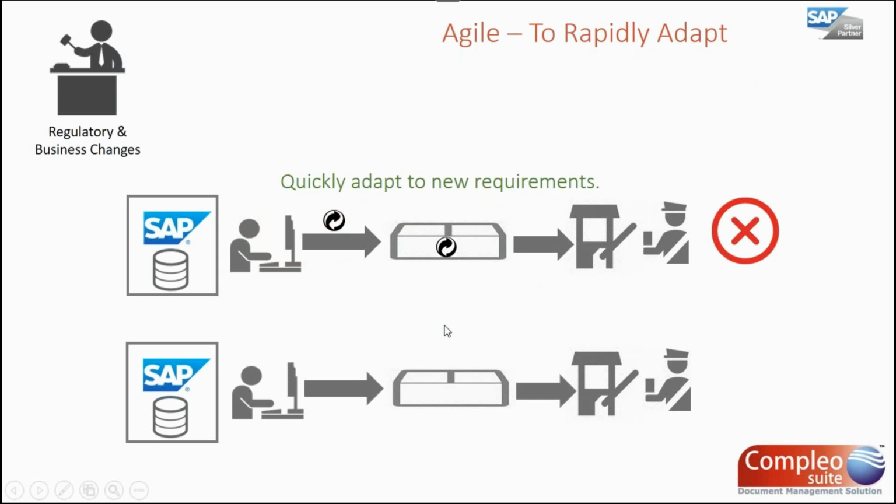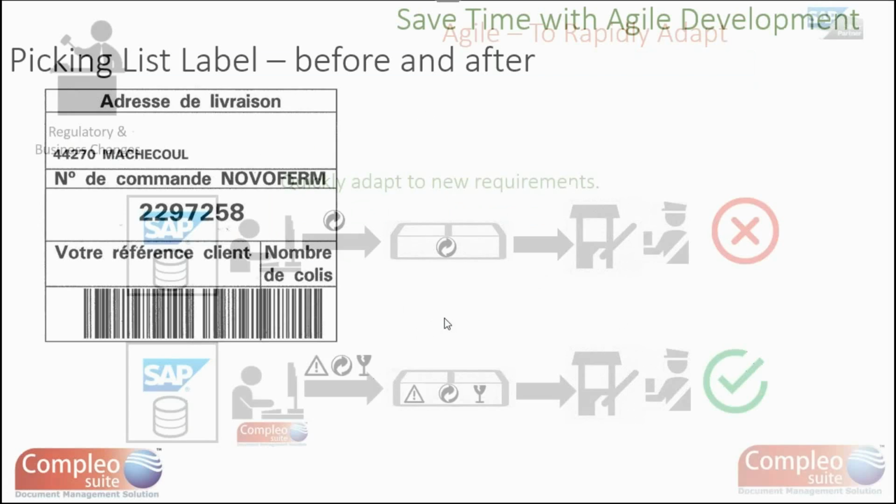Changes are coming about. They could be regulatory changes, they could be customer changes, but with putting Compleo in, you're able to rapidly make changes within the structure so the labels you produce are the labels you need and you can get there faster, because now the new set of requirements are there and it ships as you want.